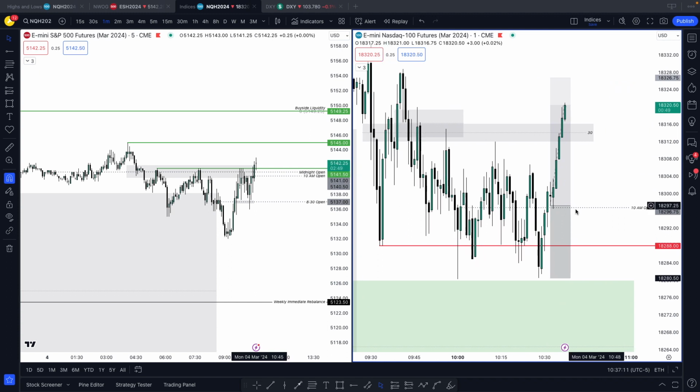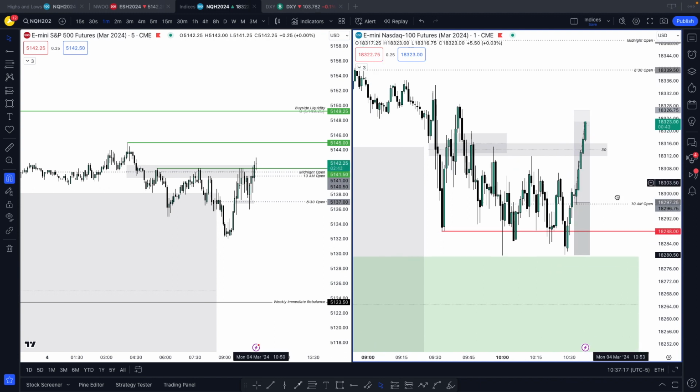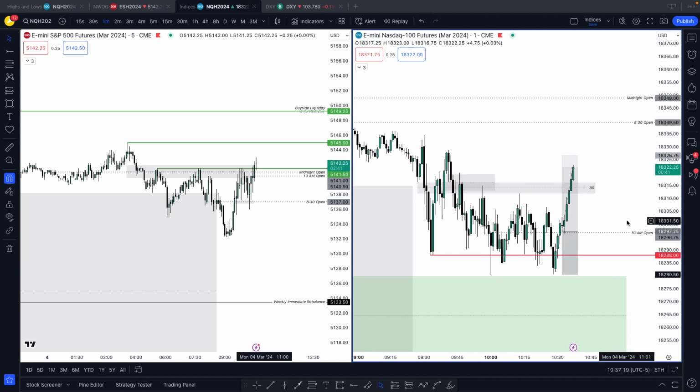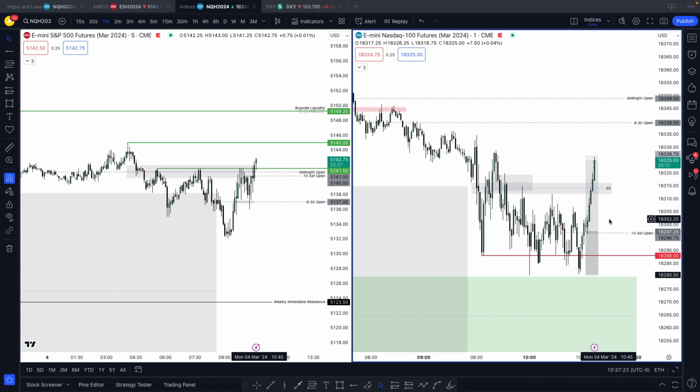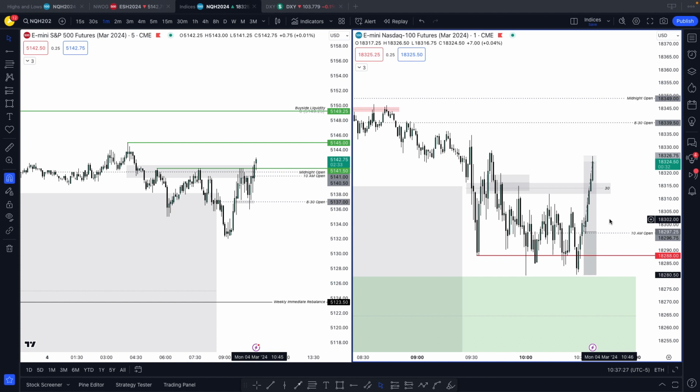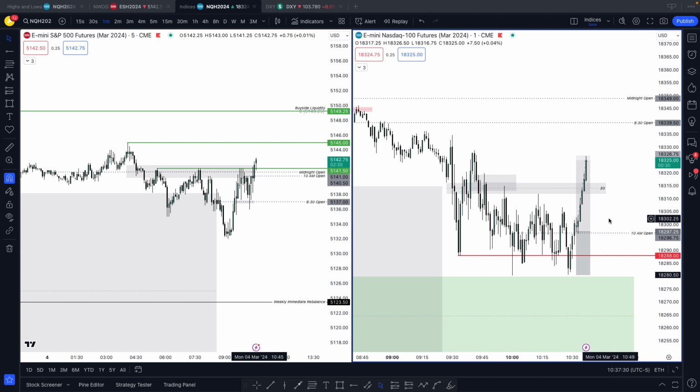And you can see you have a bit of a cleaner 1-minute fair value gap there for the entry. Okay, really nice. So that would book that right there.